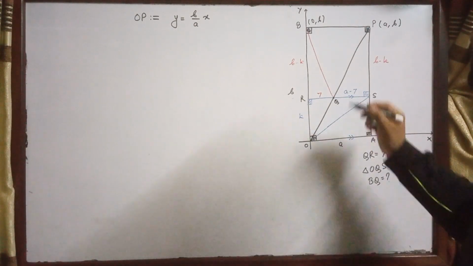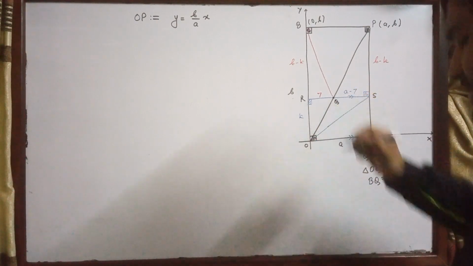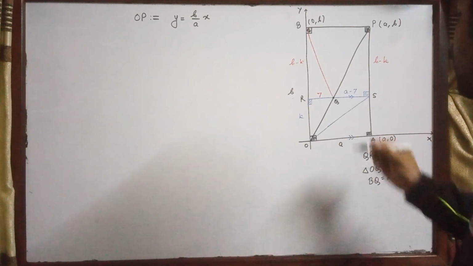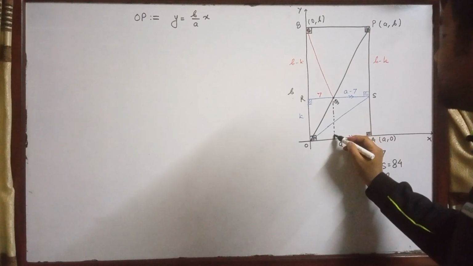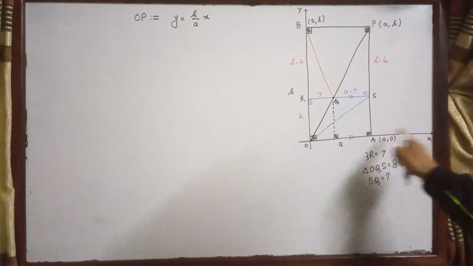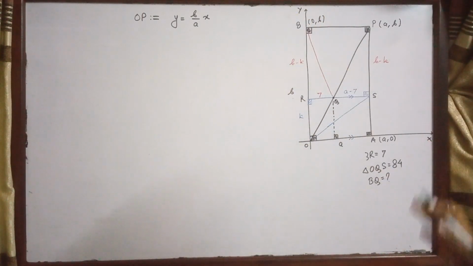Now, let's look at the point Q. Let's drop a perpendicular. Obviously, I'm taking the positive x-axis along OA and the positive y-axis along OB, which is clear by now.